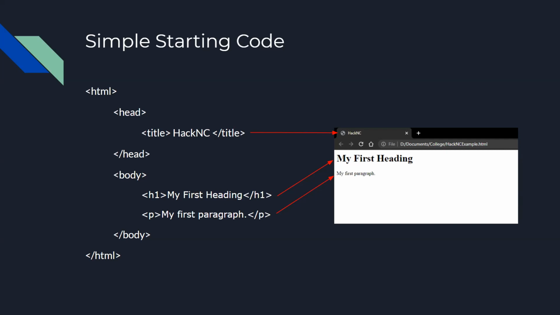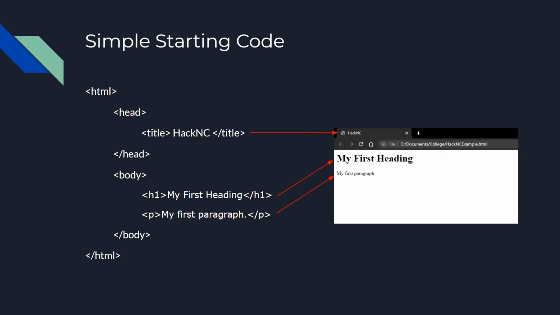Essentially, it's not much difference, but usually in the head, you want to put the title of your web page. So in this example, inside of these head tags, we have the title tags, which put any text into your tab.